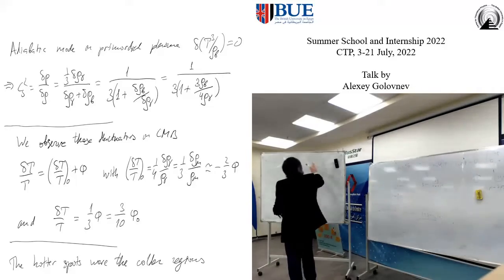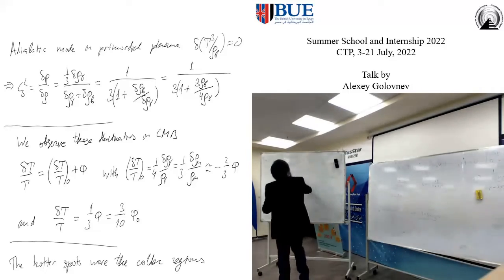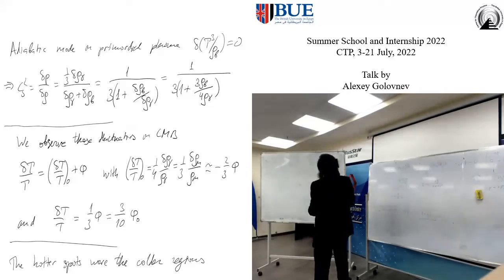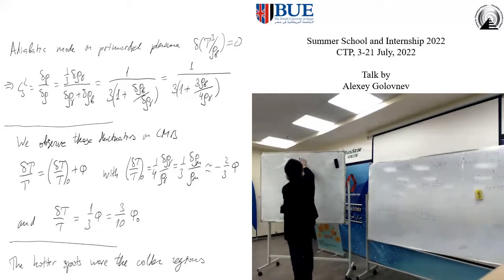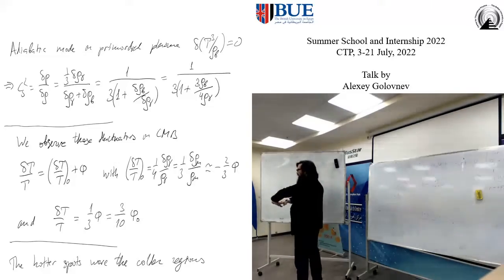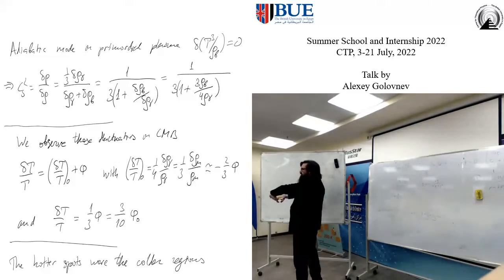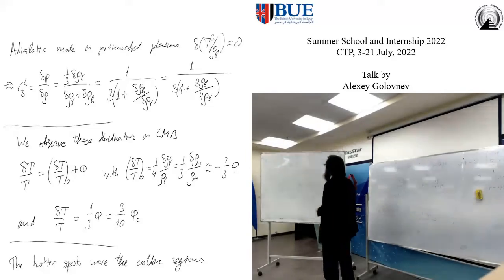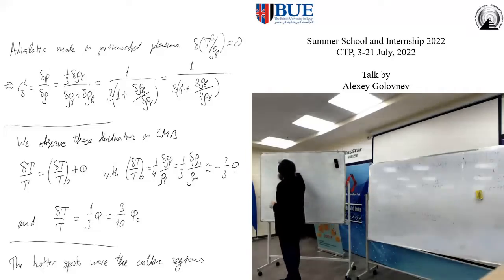You can relate the variations of temperature to the equations, and you can even see that what we see is some kind of inverse image. The regions which were the most hot were the potential wells, and from the most hot regions you get the coldest spots in the CMB, and vice versa. But otherwise, yes, that's the Sachs-Wolfe effect.